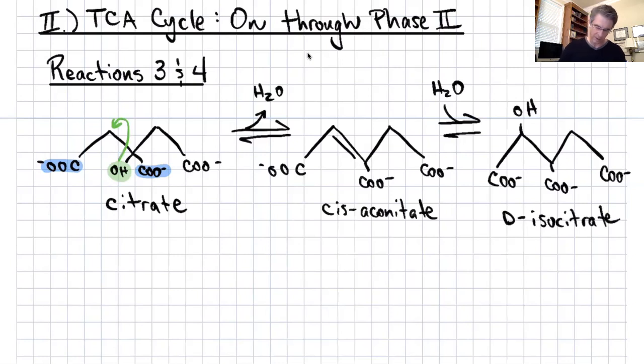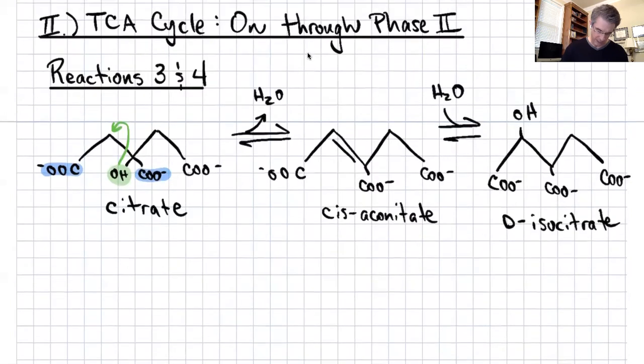Okay, now just to keep you referenced, remember again, these were our carbons that came in right here from acetate, from the acetyl-CoA. All right, the enzyme that runs this reaction is known as aconitase.